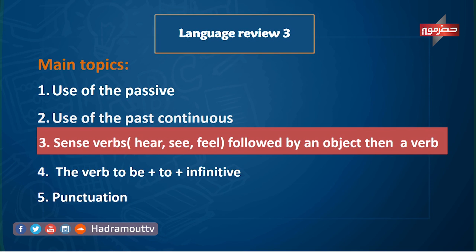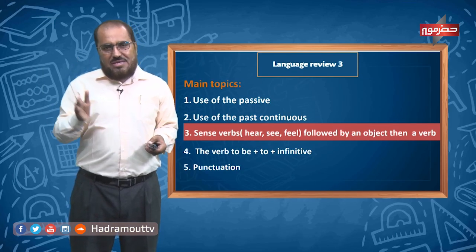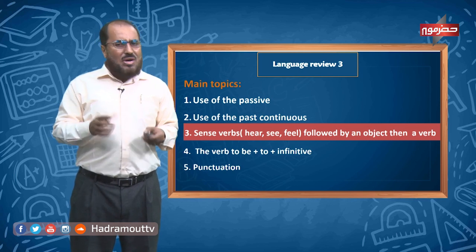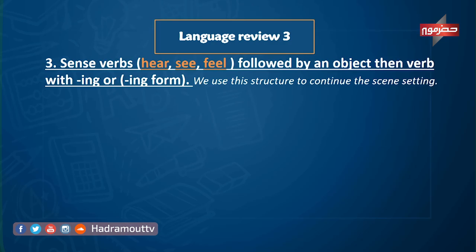They are called sense verbs. Those sense verbs are followed by an object, okay? Then the verb with ing. Why can this structure be used? Let's see. This structure can be used when we want to continue the scene setting. Again, setting the scene. So ing is important here after sense verbs.